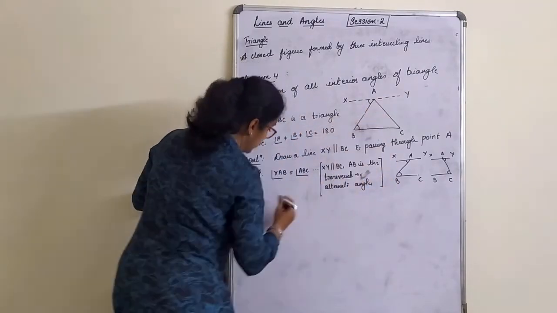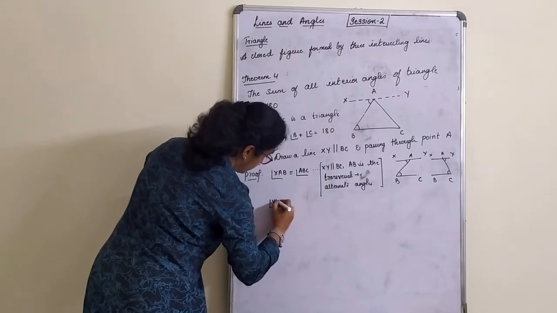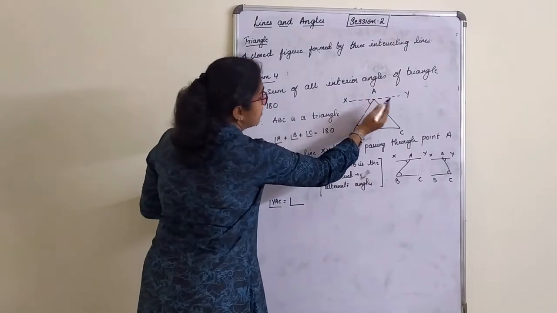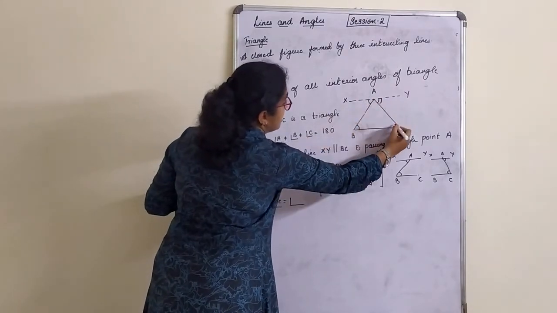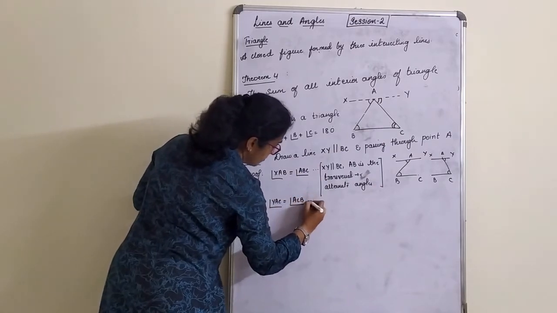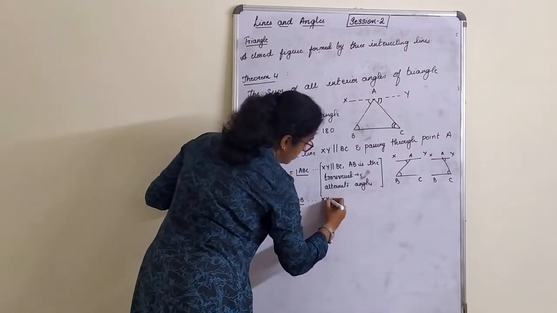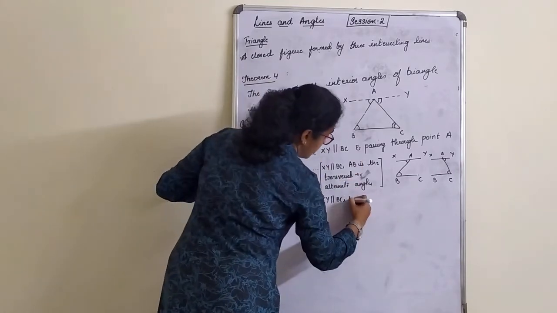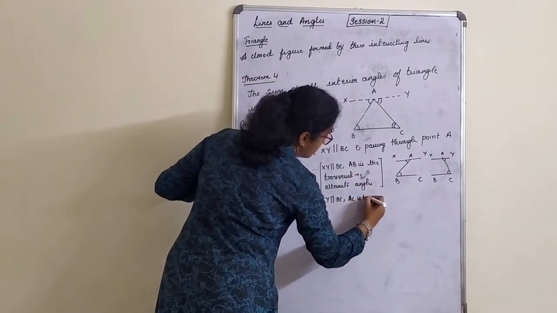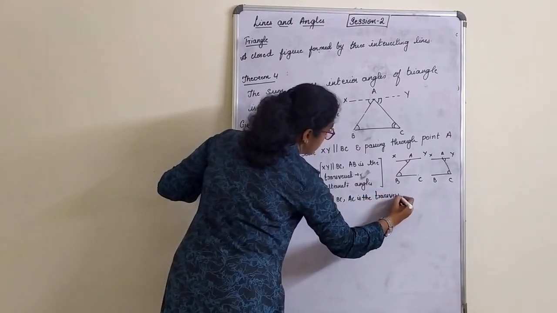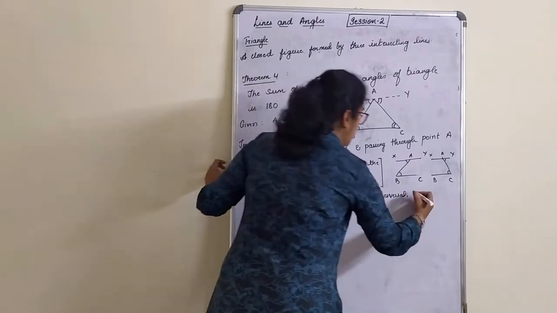Angle YAC is equal to angle ACB. Reason here, XY parallel to BC, AC is the transversal, and alternate angles.